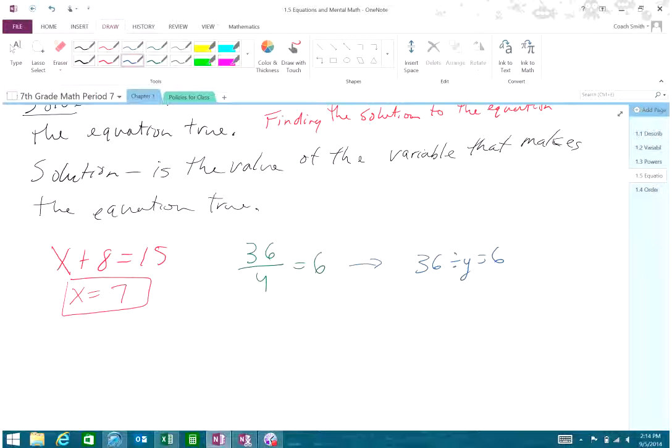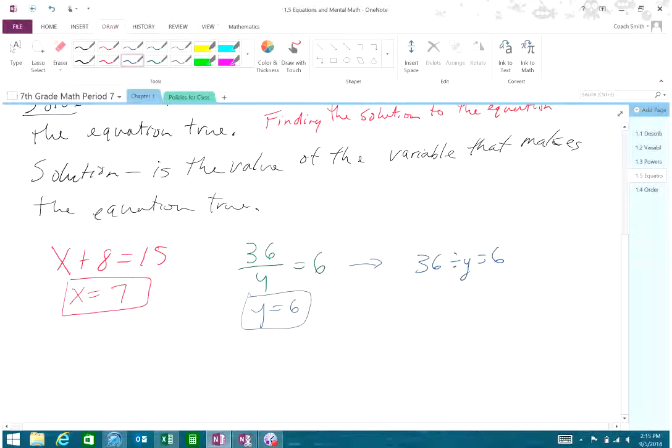So then what is the value of y that makes that statement true? Gabby? No, not 7. You're right there. 6. Okay, so y would have to be equal to 6.